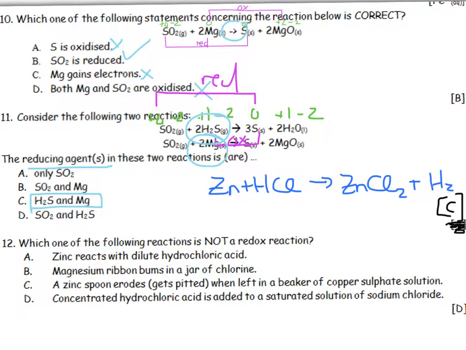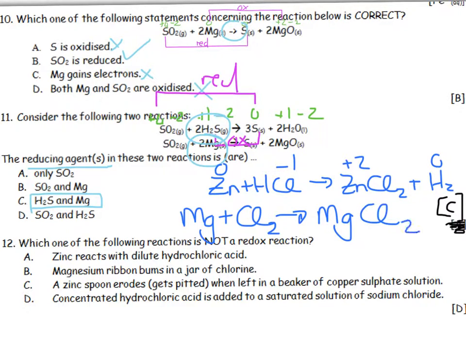Can you clearly see that some stuff has gone from 0, and there's clearly been some change in oxidation numbers there. Magnesium adds to chlorine, and we all know that magnesium and chlorine would be together magnesium chloride. Again, 0, 0, plus 2, minus 1. There's been a change in oxidation numbers. So this is a redox reaction, this is a redox reaction.